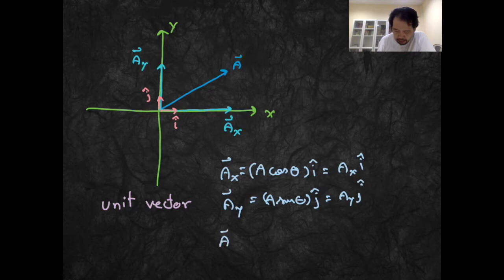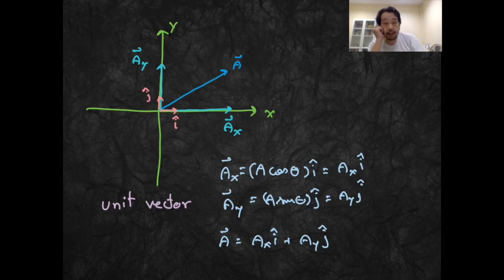We can write that A is equal to Ax i plus Ay j. So this is the usefulness of i and j. We can use i and j to write down the component of any vector along the x and y axes.